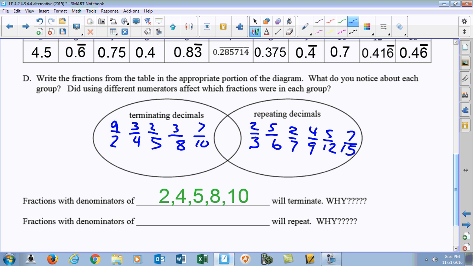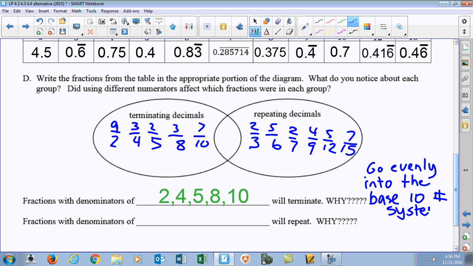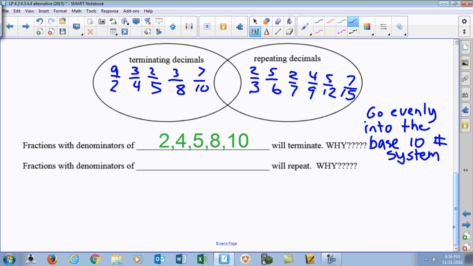The reason they all terminate is because all of these numbers can go evenly into the base 10 number system. Okay? And what the base 10 number system is this.